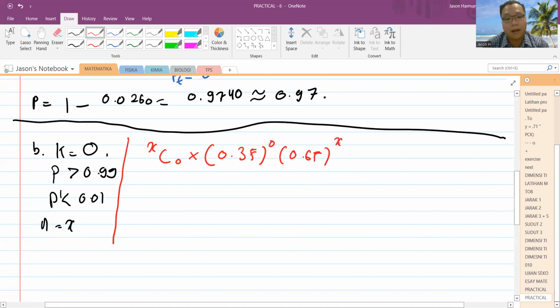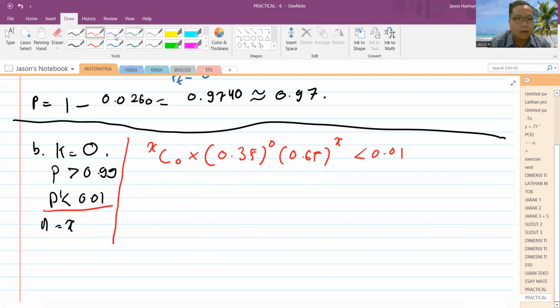It's just the same, right? And this combination and this form must be equal to the value of P', the complementary one, which is less than 0.01.